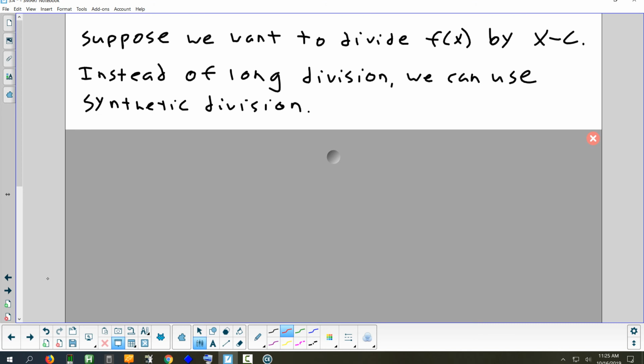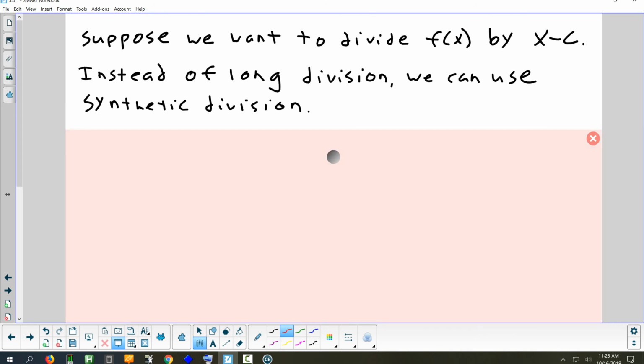Now, in your book, they don't call it synthetic division. They call it Horner's algorithm. I think they name it after the person that discovered it. But everybody I've ever heard that talks about it uses the term synthetic division. They don't say Horner's algorithm. So when you see that in the homework, you'll know what they want you to do.